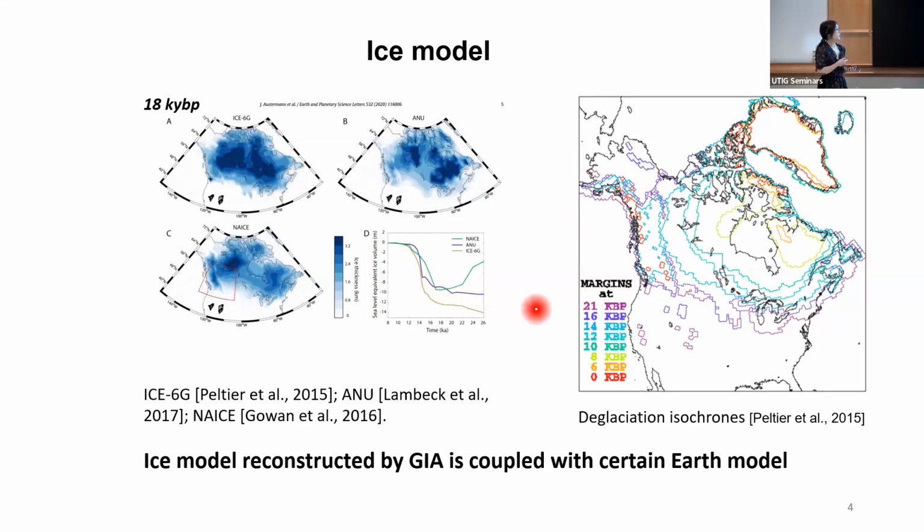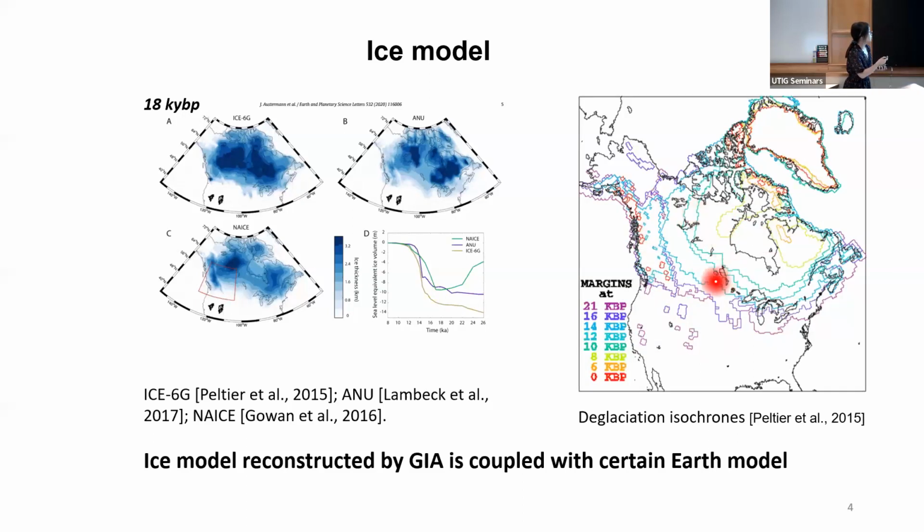There are some constraints from geological and glaciological events. For example, here Peltier uses ice margin migration. You can see the migration with time, and different colors mean different times.